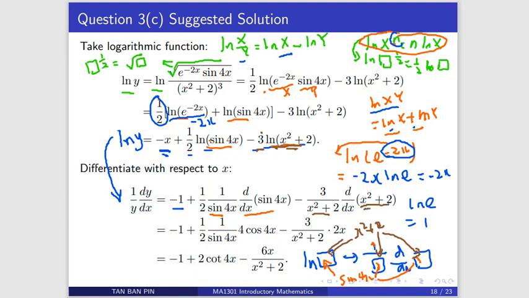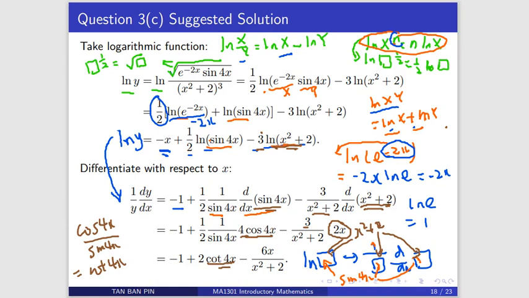Differentiating x squared gives you 2x, and differentiating 2 gives you 0. So we have 2x here. Differentiating sin 4x gives you cosine 4x with a 4, and cosine 4x over sin 4x gives you cotangent 4x. That's how you get the cotangent 4x here. And 3 times 2x gives you 6x.